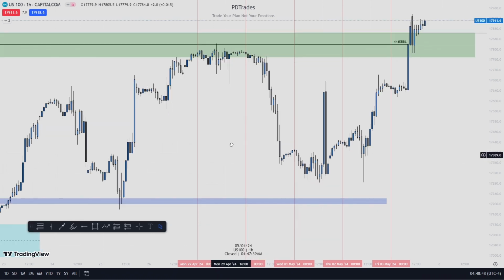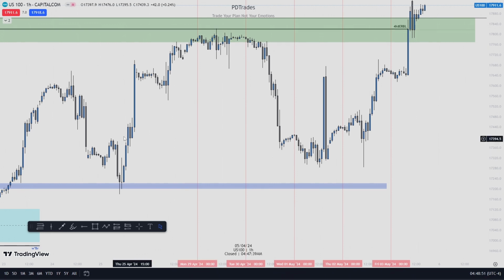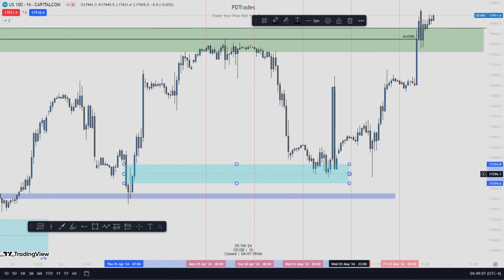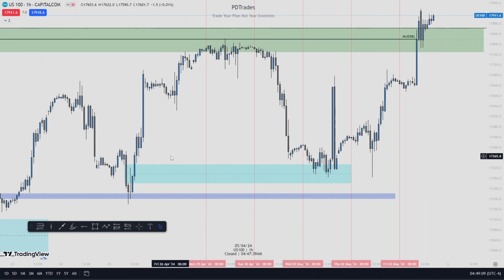Retraced to where? Remember that 4-hourly order block? You're gonna ask, why did I use this one?